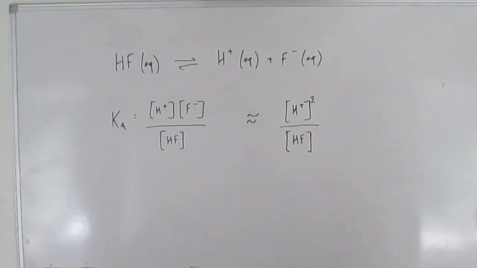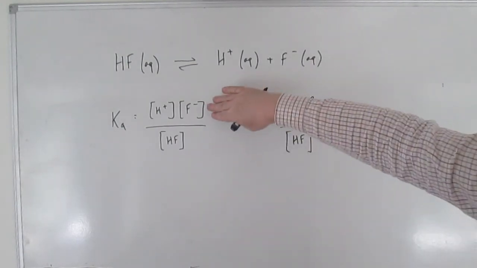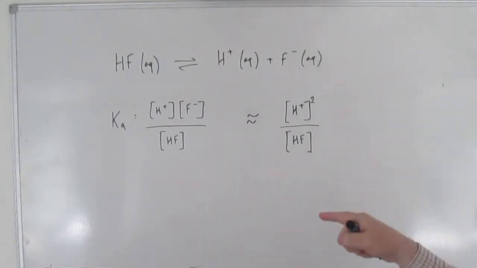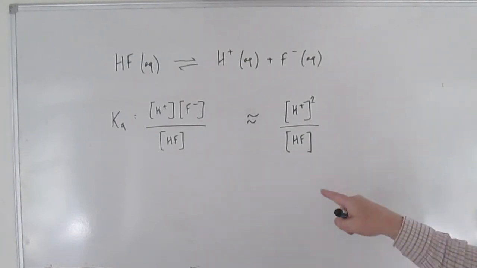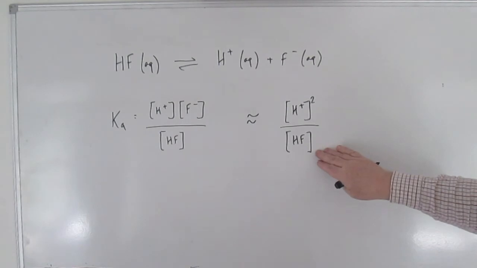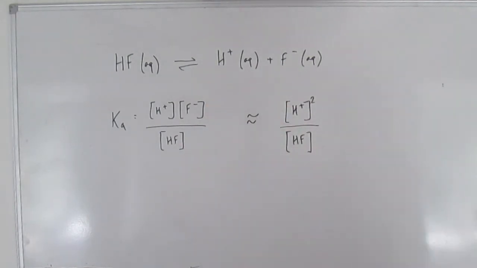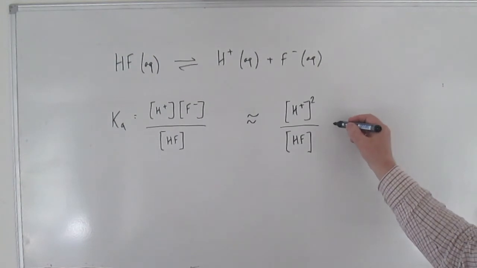So that's equal to H plus squared on the top line. So we've got rid of one of the variables that we didn't know the value of. And the bottom line looks the same, but remember, it isn't really, because this is now the total concentration ignoring ionization rather than the actual concentration of undissociated HF. And that's our expression for Ka.